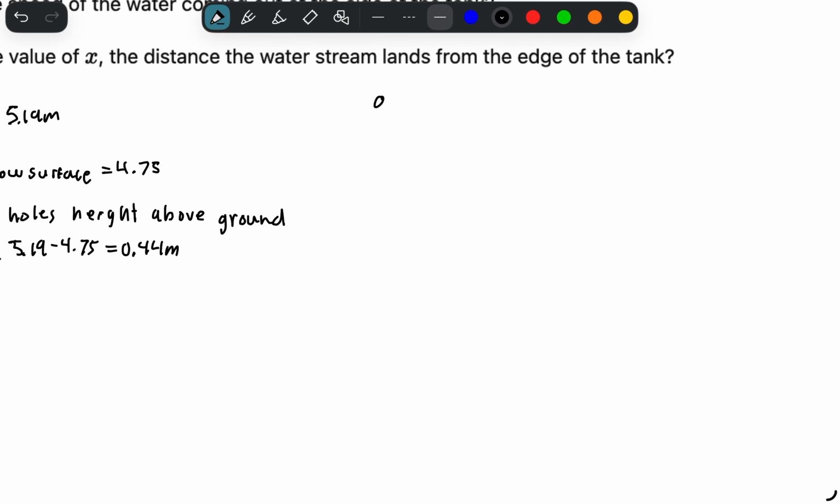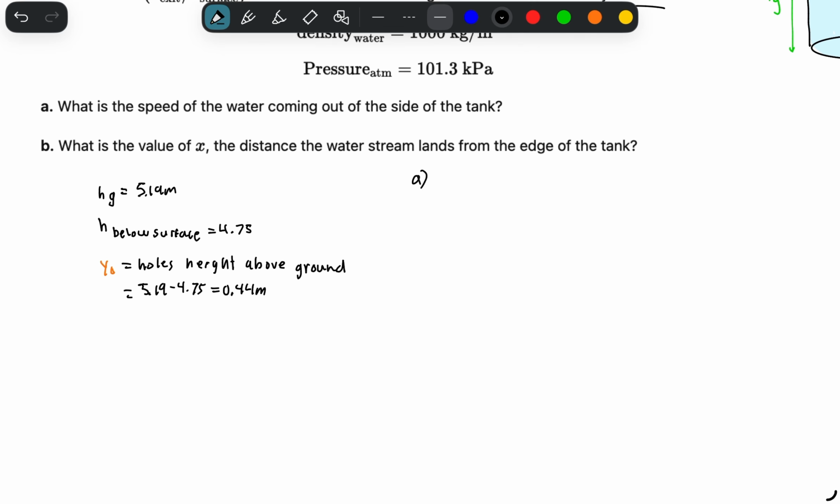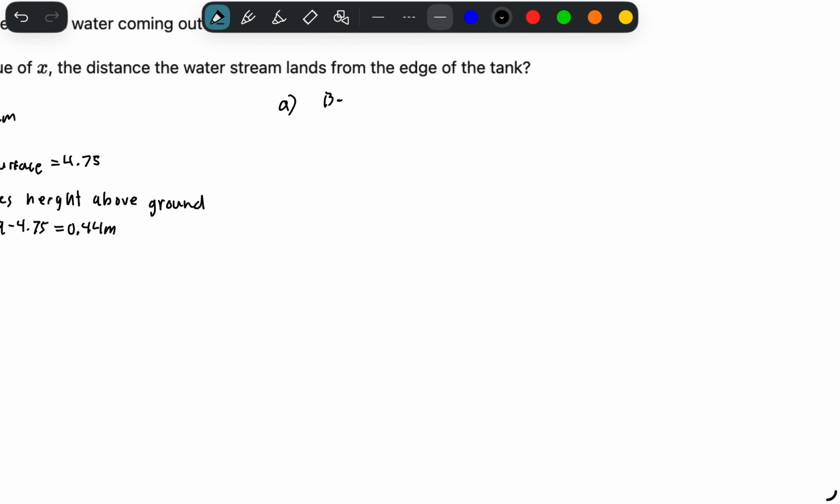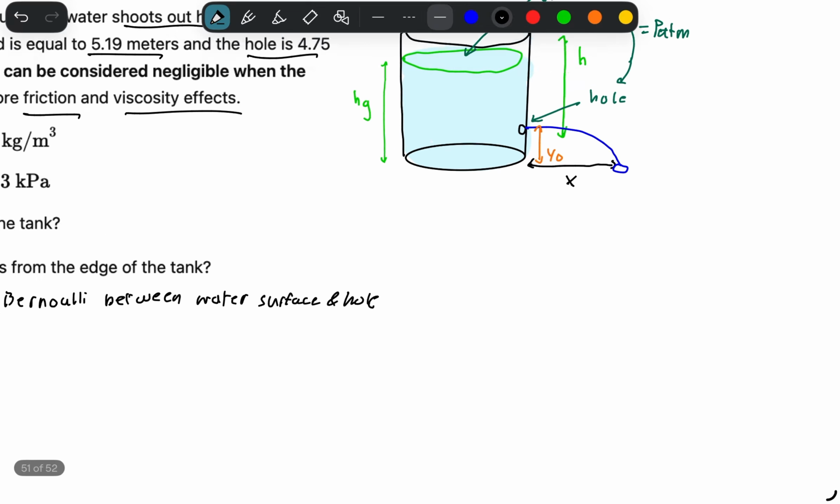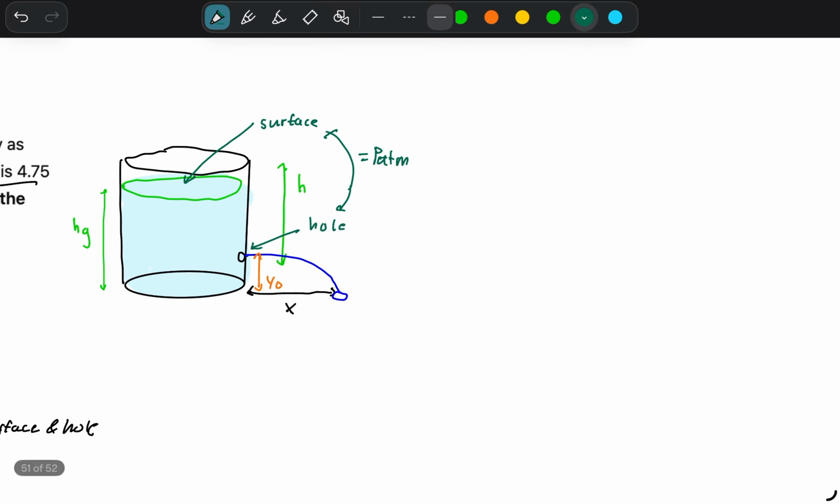So let's start off with part A. To find the speed of the water coming out the side of the tank, you have to use Bernoulli's equation between the water surface and the hole. At the surface, the pressure is P atm, our v is approximately 0, and our h is h above the hole.